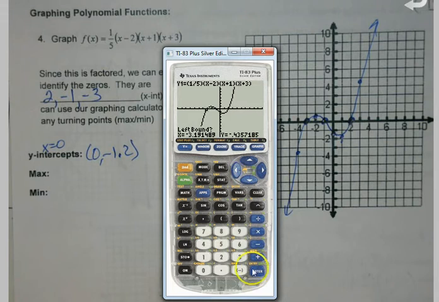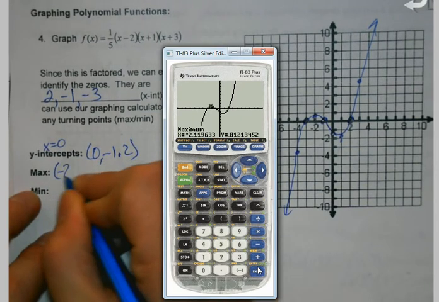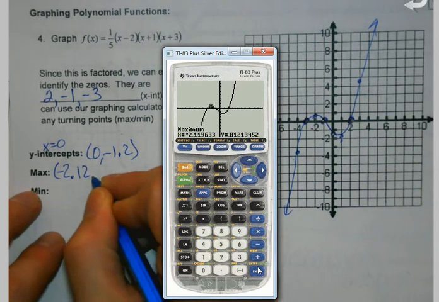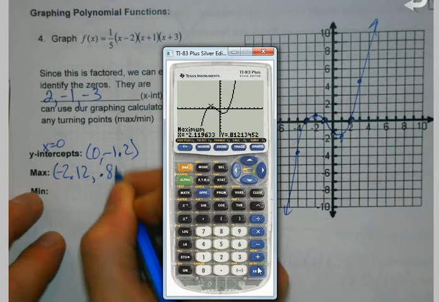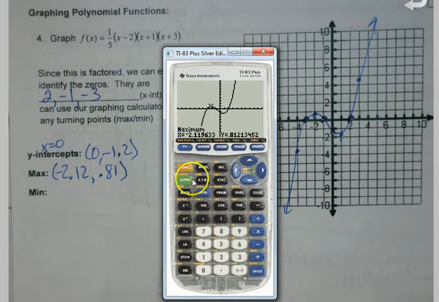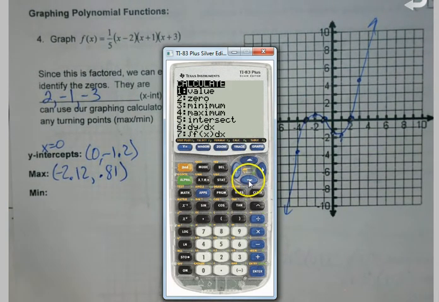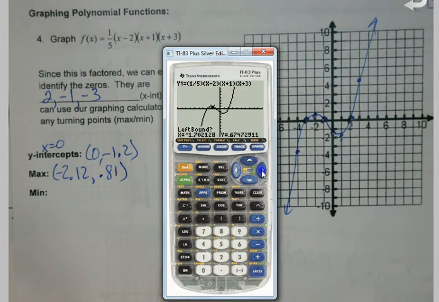So again, we'll trap that first little hill in. So we're looking like we're at -2.12 and 0.81. And then our min is over here.